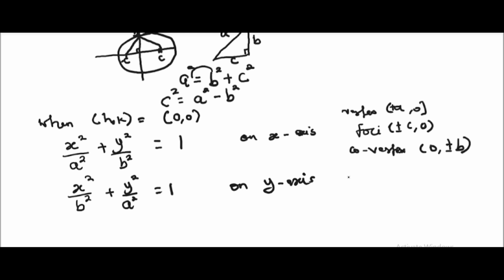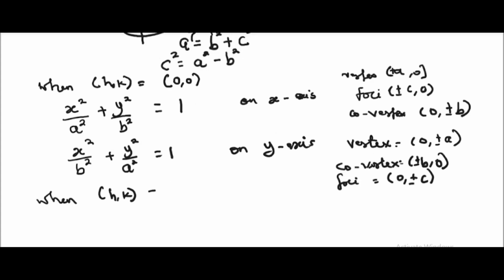So if it's on the y-axis, the major vertex becomes 0 comma plus or minus a, while the co-vertex becomes plus or minus b comma 0. What will the standard equation be?